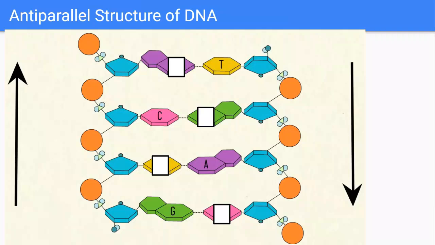So we have those nucleotides that are attached together, and that makes up our ladder. So the sides of the ladder are this sugar and phosphate. The middle of the ladder, the rungs, are the nitrogen bases stuck together. And then the other side again is that sugar and phosphate.